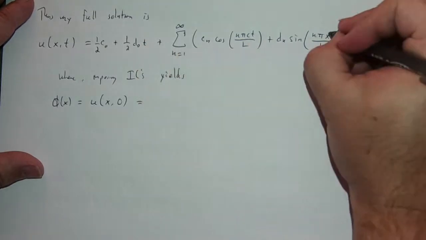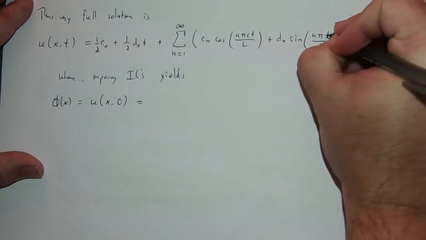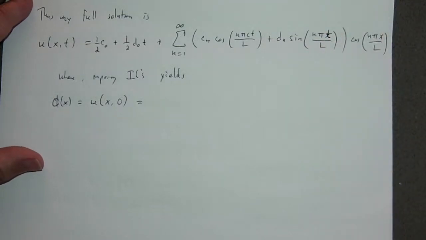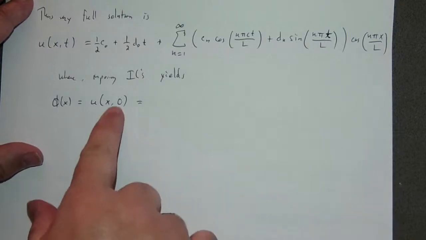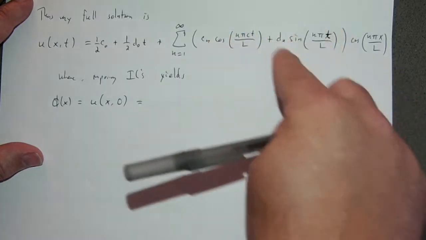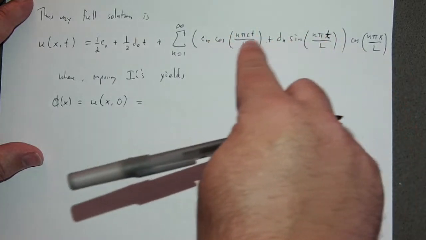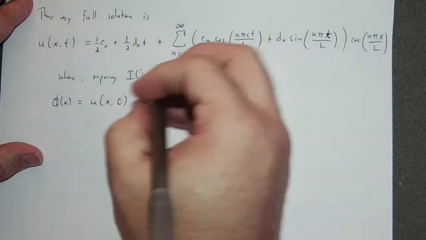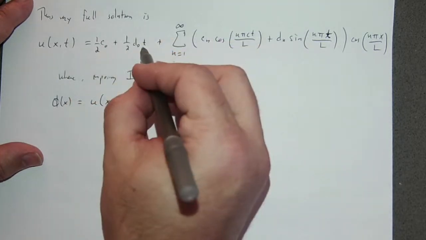Oh, I put an x here. That's wrong. This is a t. There, now we have a hope that this is actually correct. Okay, and so plugging in a 0 here, this is 1. These terms are 0.